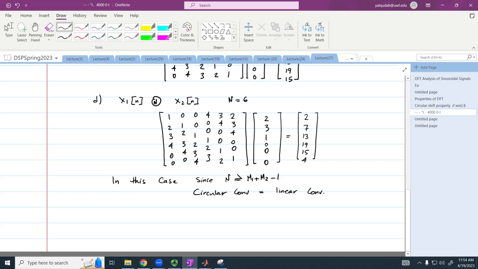I'm going to put greater than or equal. It is equal here, but in general, if it is greater than or equal, it's going to be equal.